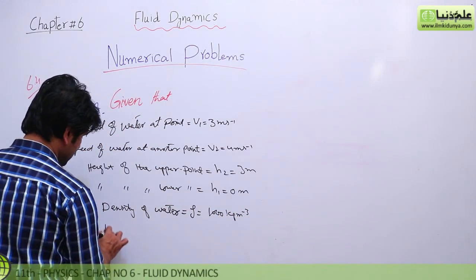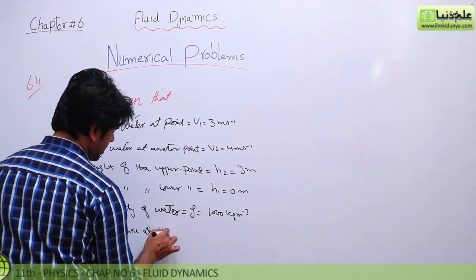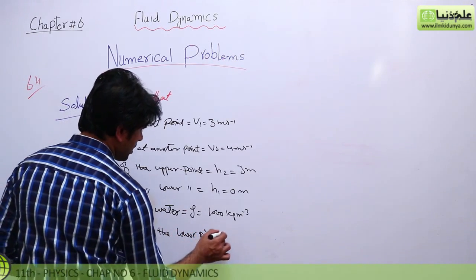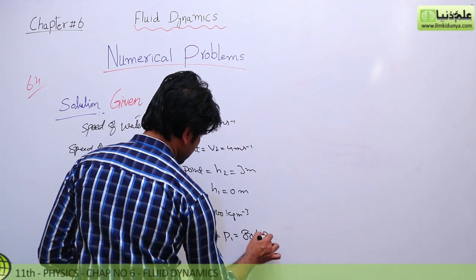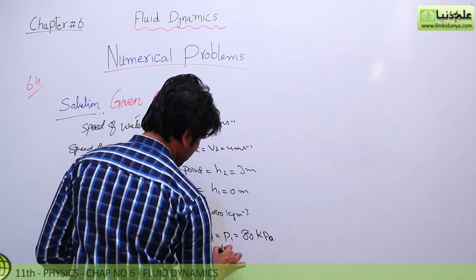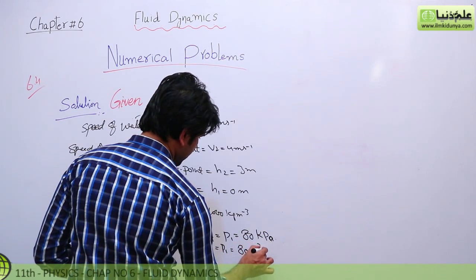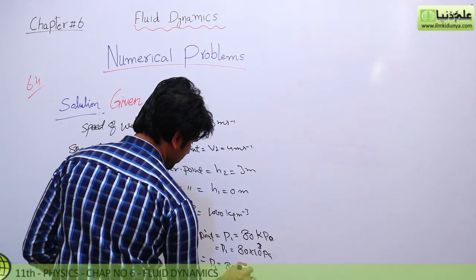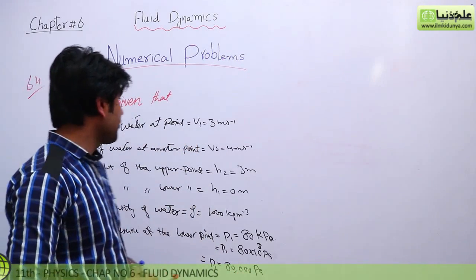Pressure at the lower point can be written as P1, which is given as 80 kilopascal, or P1 can be written as 80 times 10 raised to power 3 Pascal.